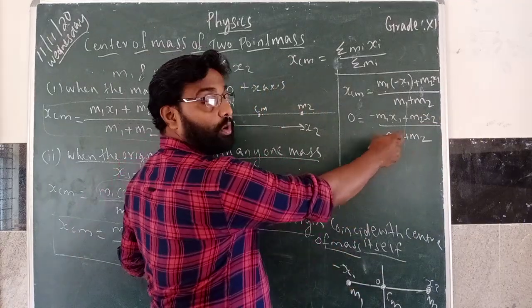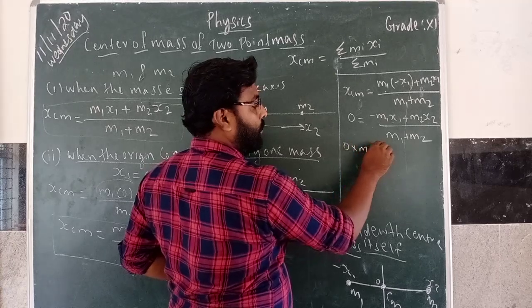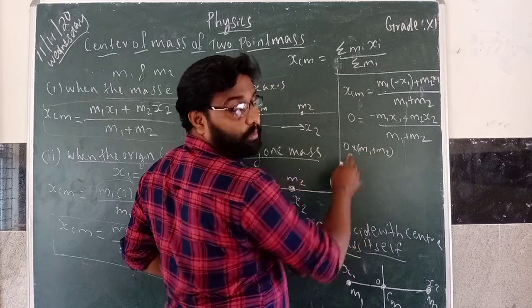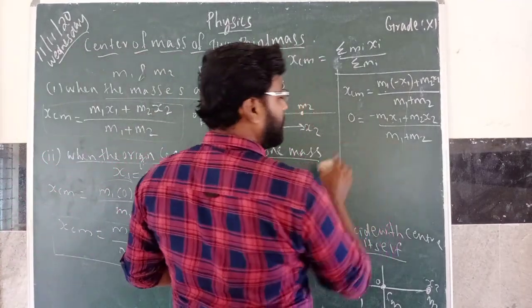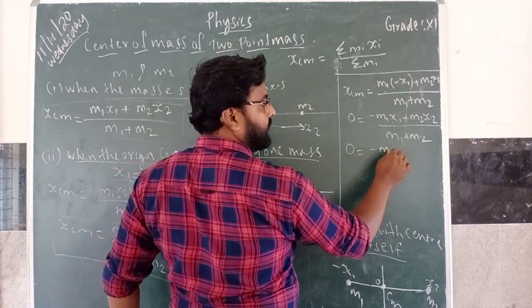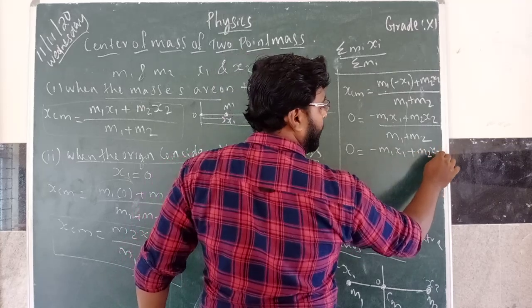Now take this m1 plus m2 this side. So 0 into m1 plus m2 becomes 0. So no need of this. 0 equal to minus m1 x1 plus m2 x2.